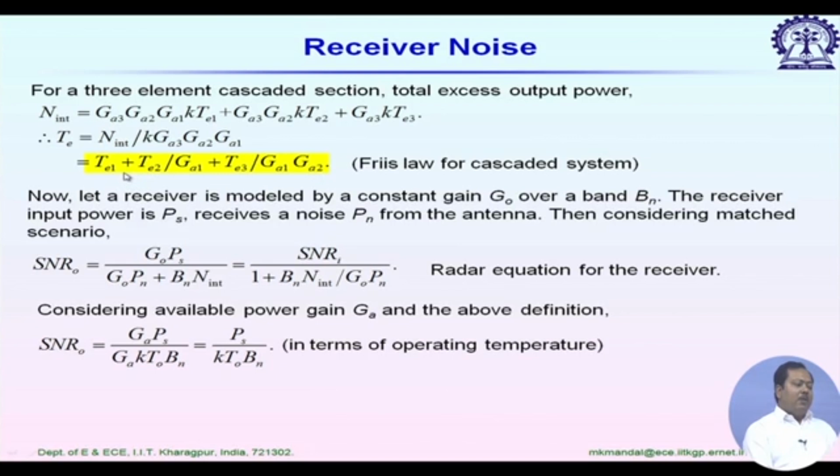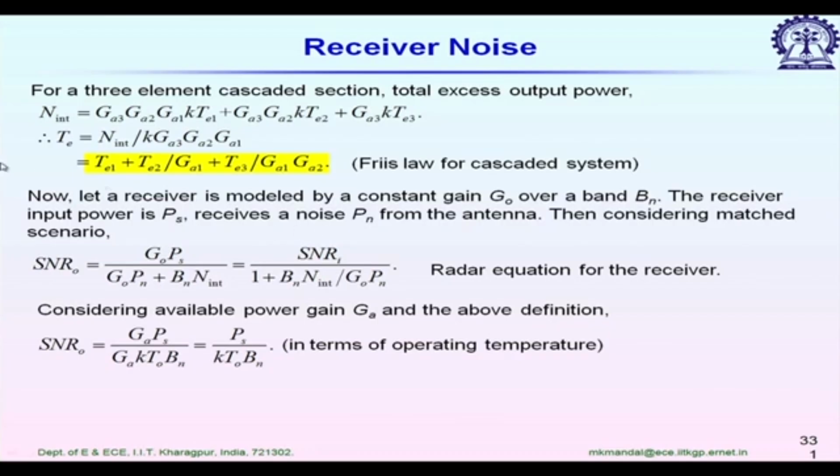That is why, when we design any receiver, the first component is chosen to have minimum contribution of noise. So we typically use a low noise amplifier, which provides very low noise, and whatever components come after that, their contribution is smaller compared to the first component.